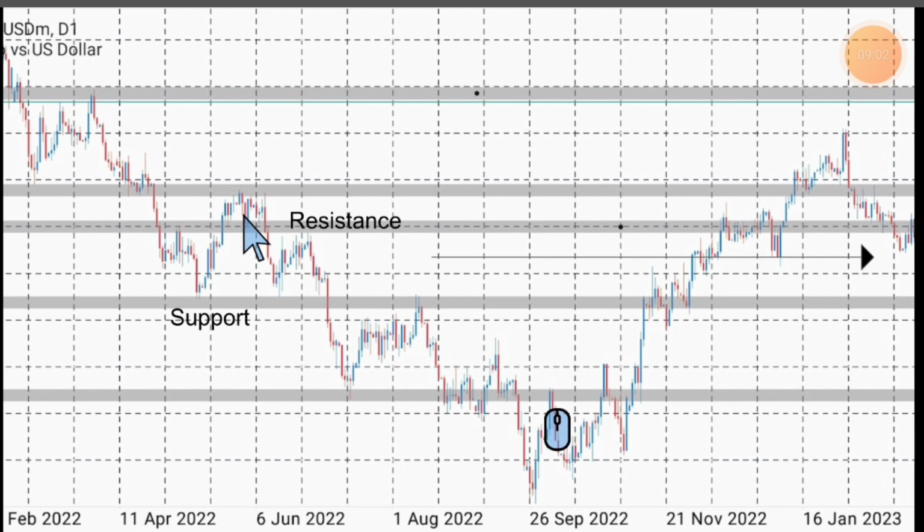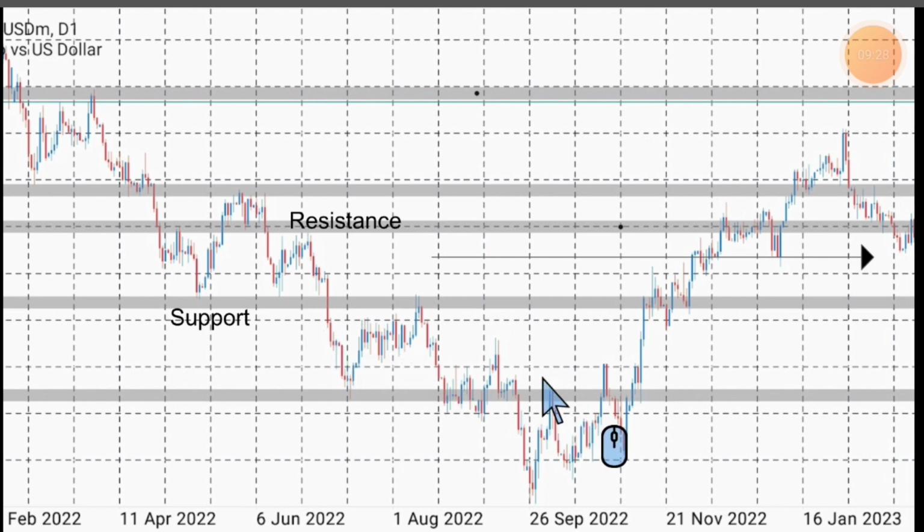Price came down, forming a lower low, and another support here becomes resistance. Price came low here again and broke through, and support becomes resistance again.